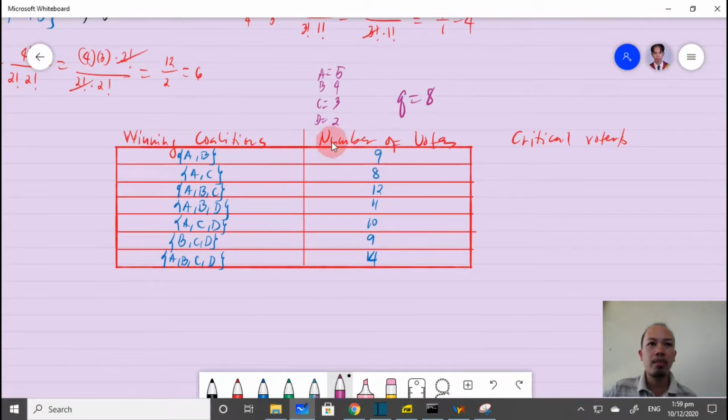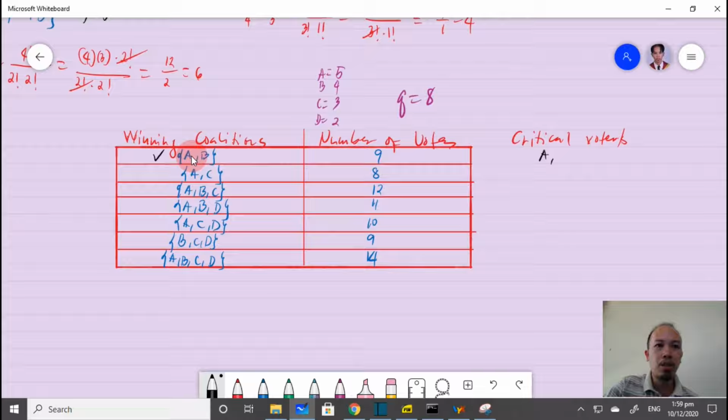If this voter leaves the coalition, 9 minus 5 is 4, and 4 is clearly not greater than or equal to 8. So therefore, A here in this first coalition, this color here, is a critical voter.